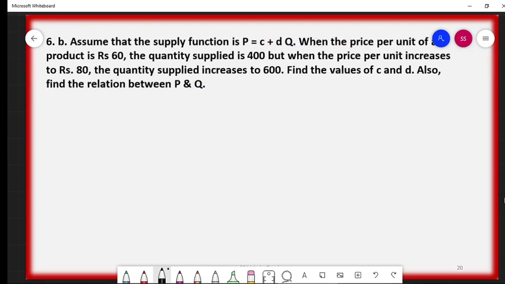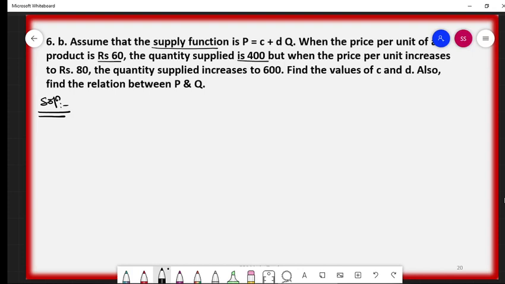Now the next question, dear students. Before the solution, let me read out the question. Assume that the supply function is P equals C plus DQ. This is the supply function. When the price per unit of the product is Rs 60, quantity supplied is 400.